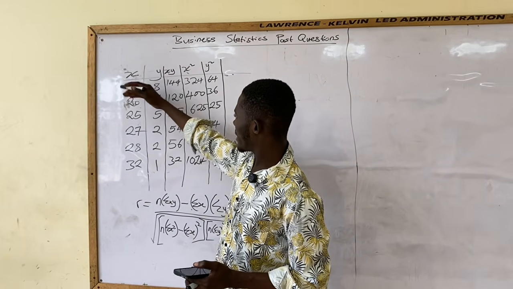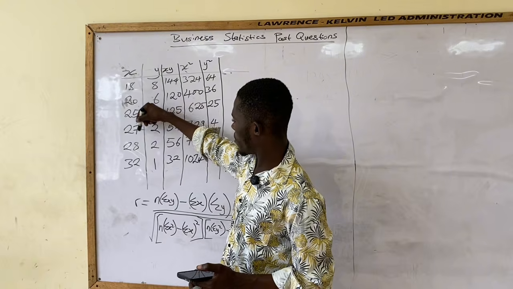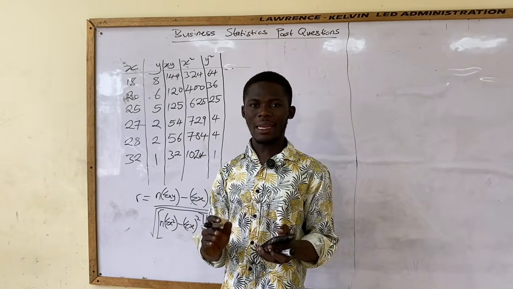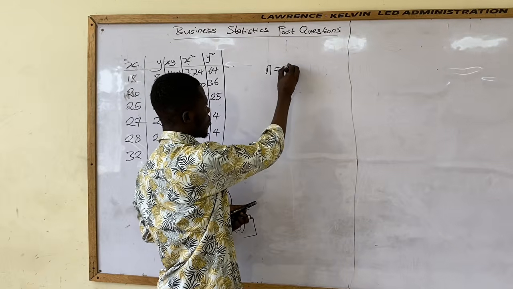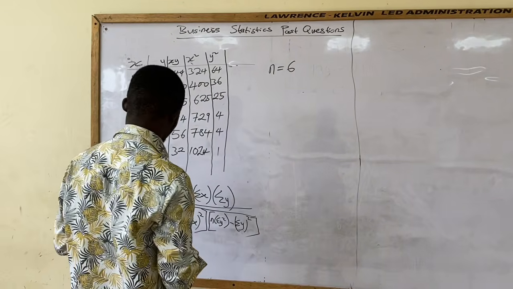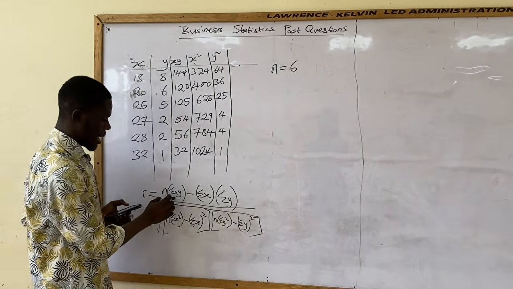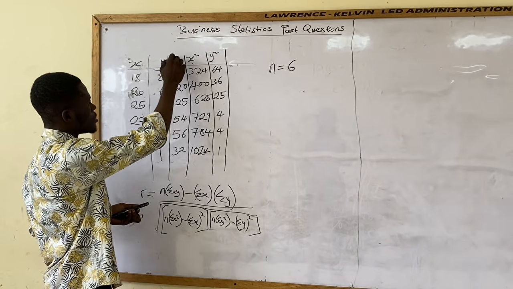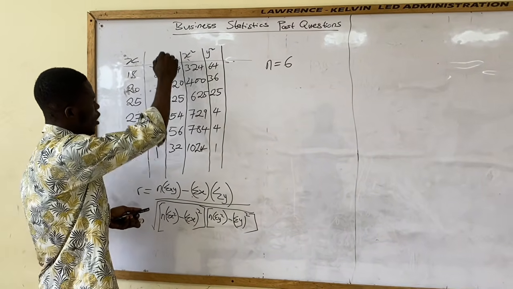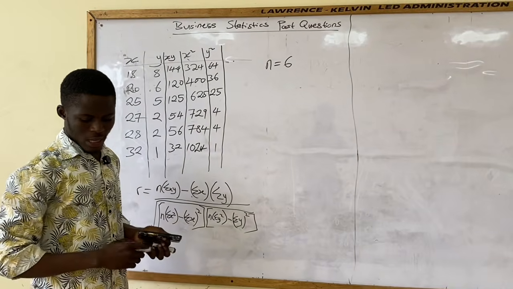If we count the terms, we have 1, 2, 3, 4, 5, 6. So n is 6. Let's state it: n equals 6. Then we have sigma xy, which means we are going to sum all the xy values over here. So let's calculate it.